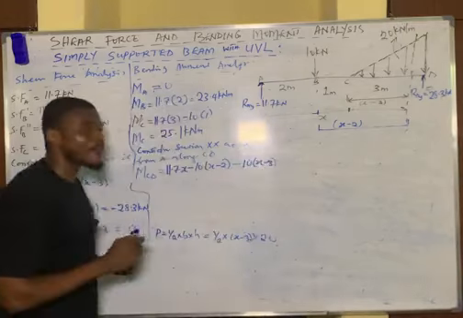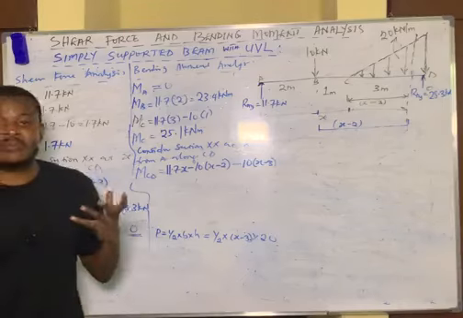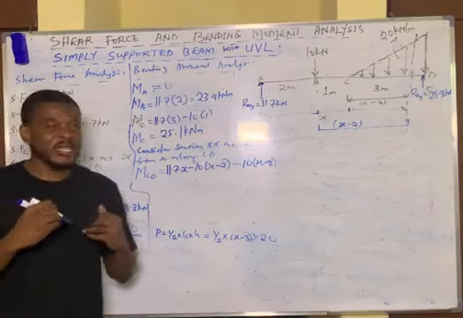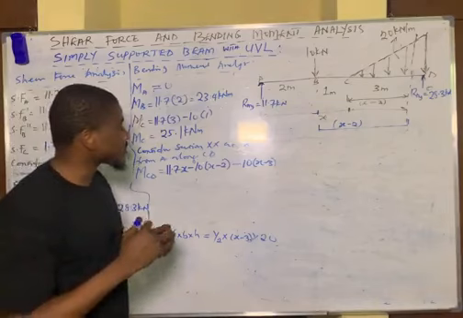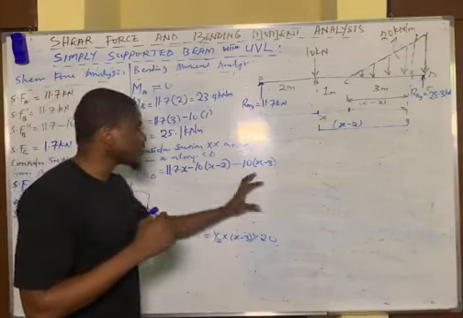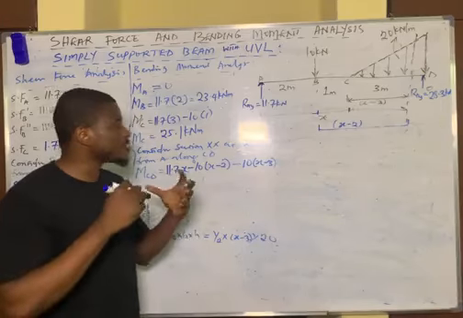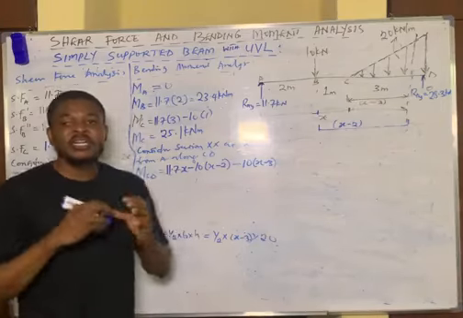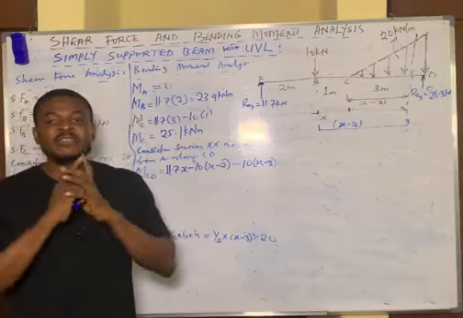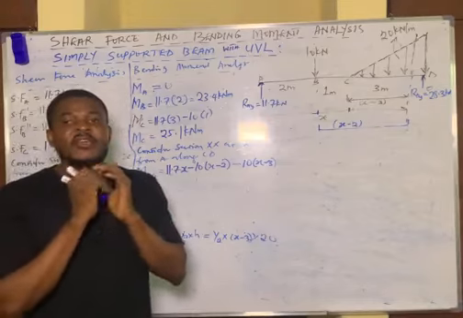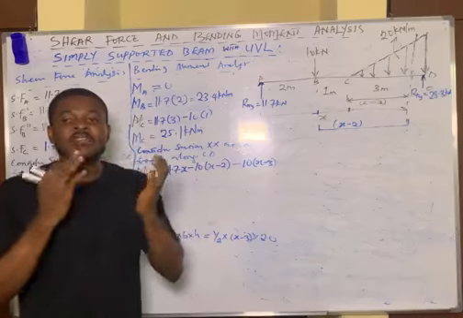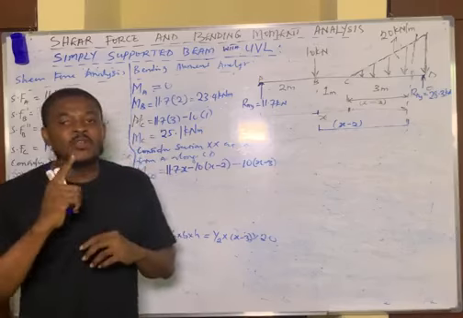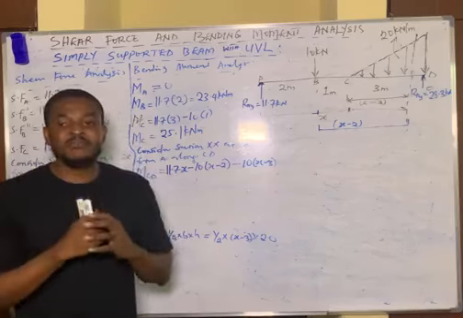But this is just a point load and not a moment. So remember what I said earlier: after converting your UVL to a point load, the next thing you do is place it at 2 over 3 of the length from the tip, or 1 over 3 of the length from the base.